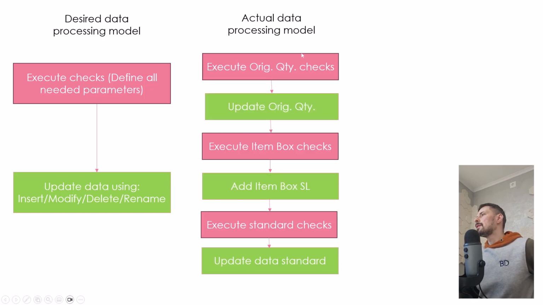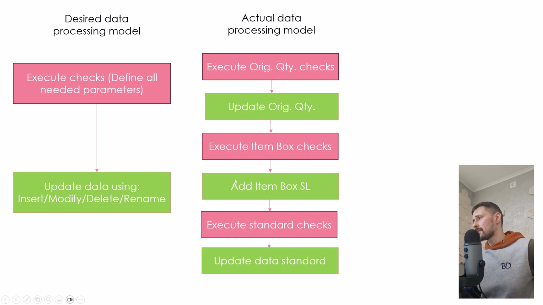But what do we have in our case? In our case, we have some specific logic on before release. First of all, it executes some checks for original quantity, and then it updates original quantity on sellers line. Then we have again checks for item box, and then item box sellers line is immediately created.